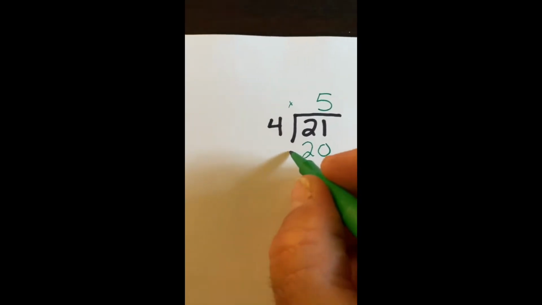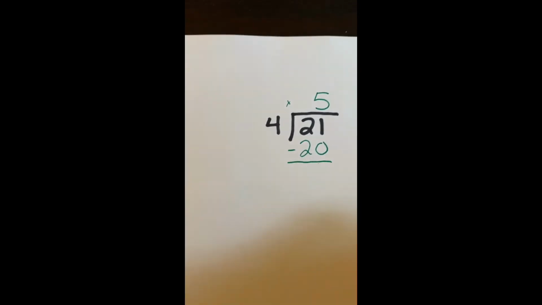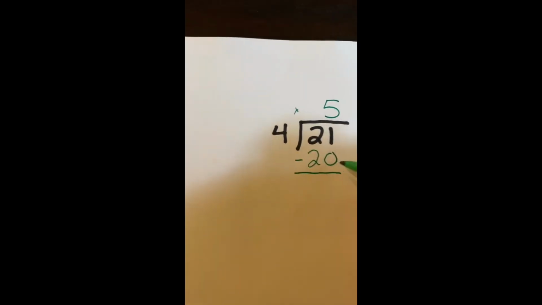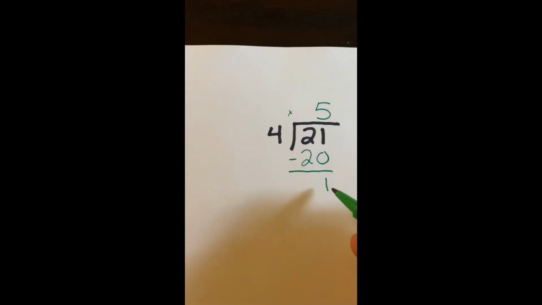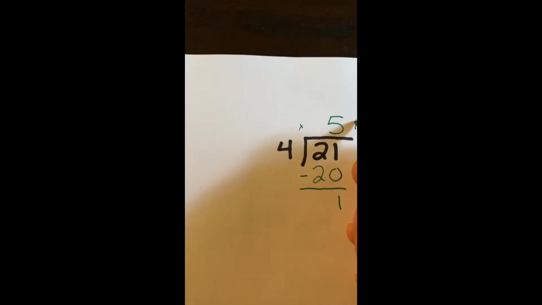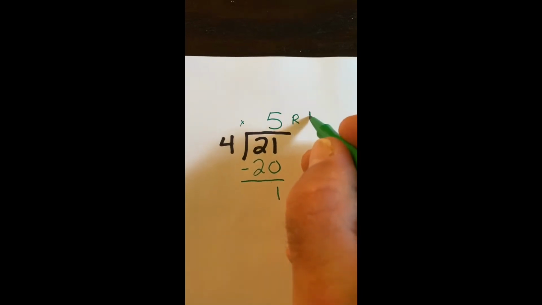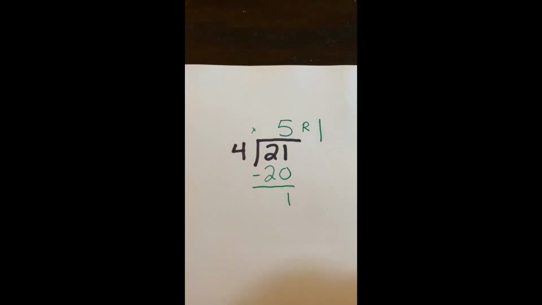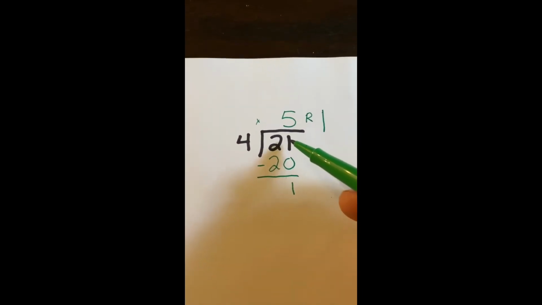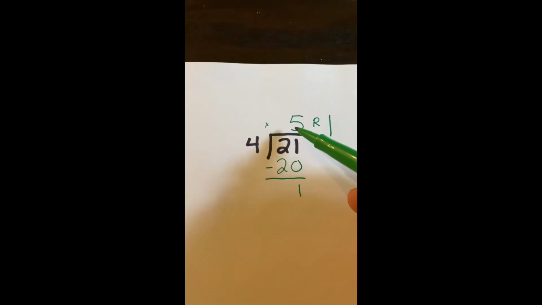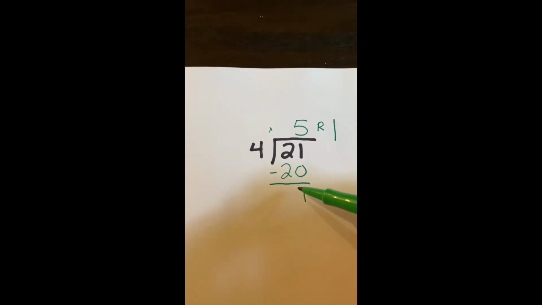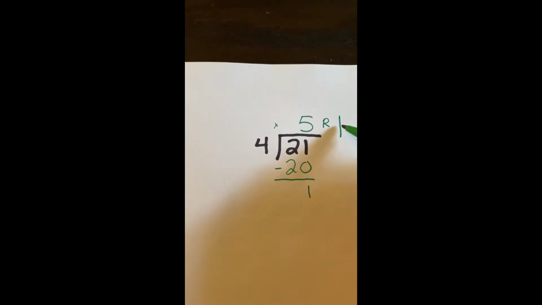But since there's 21 dog bones, there's actually going to be some left over. In this case, there's going to be 1 left over. Now that 1 left over, we call a remainder. And it goes up with our answer. So 21 dog bones divided by 4 dogs, each dog gets 5 bones, and there's 1 left over.